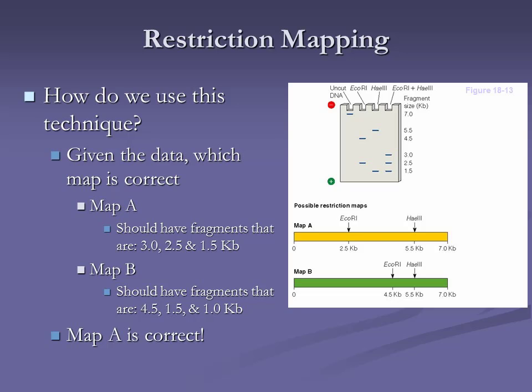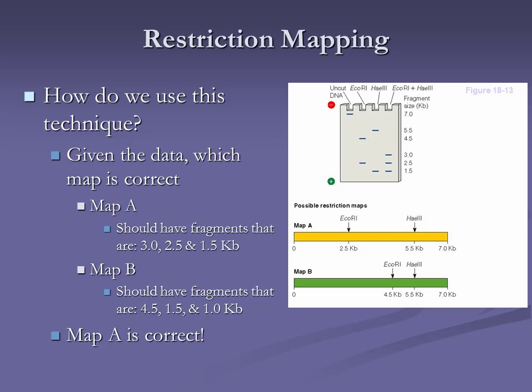Now we look at HindIII. We use that enzyme and we get 2 fragments. How many cuts? 1 cut. With HindIII, we got a 5.5 fragment and a 1.5 fragment.